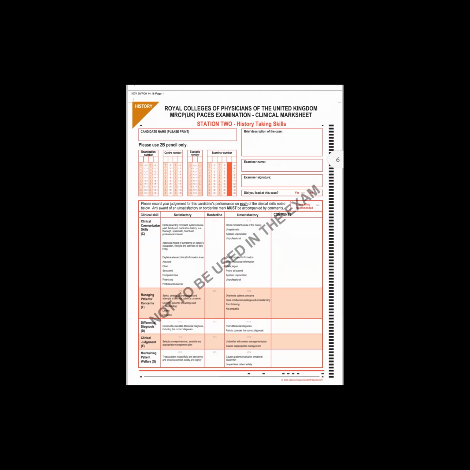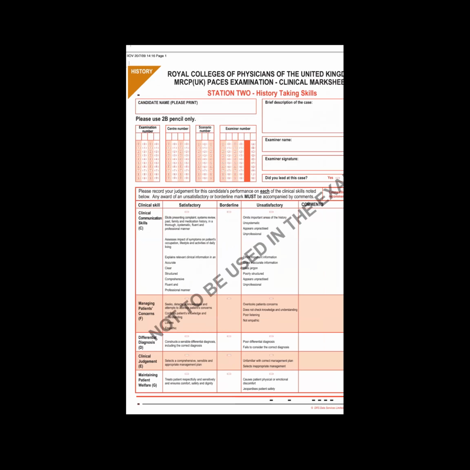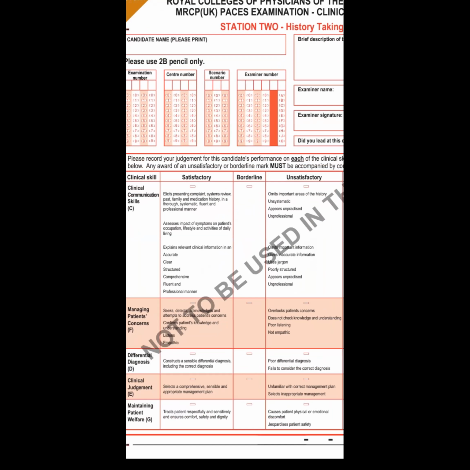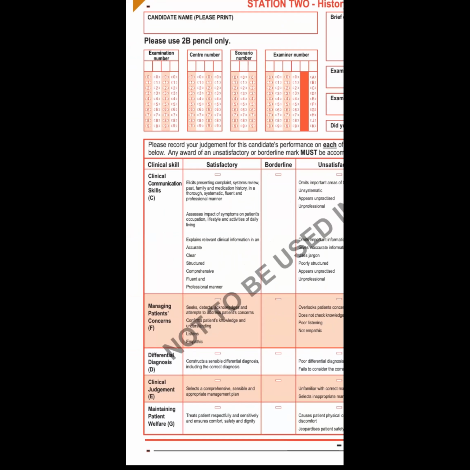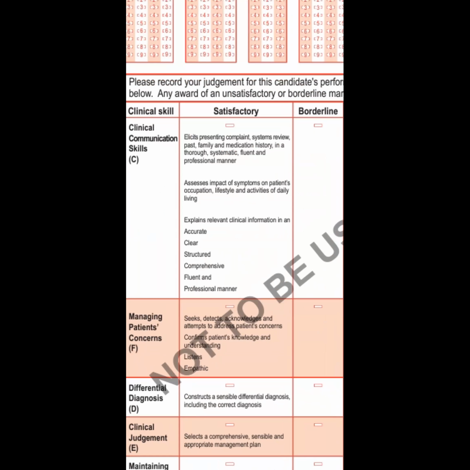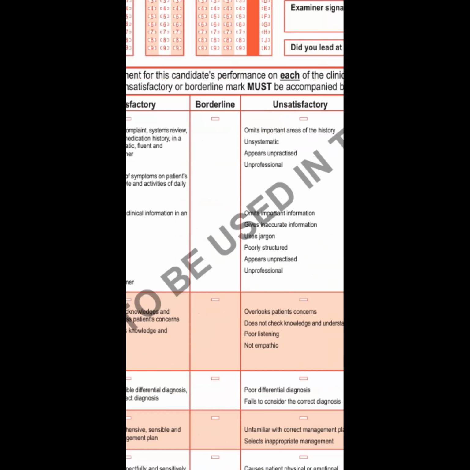I will show you the assessment sheet. So here within clinical communication skills, are you able to see the second point? It is written clearly: assesses impact of symptoms on patients' occupation, lifestyle, and activities of daily living. So never miss the impact. Never miss assessing the impact.